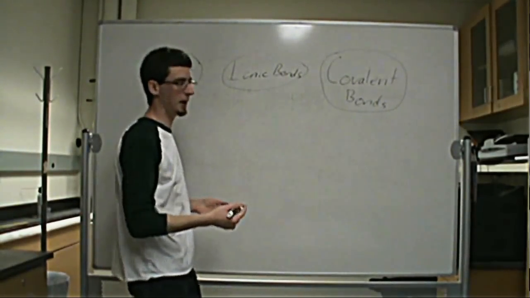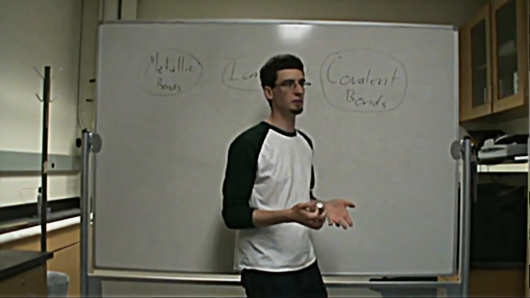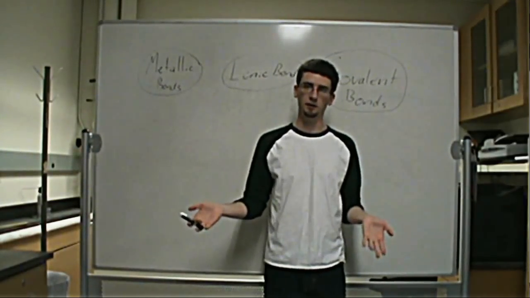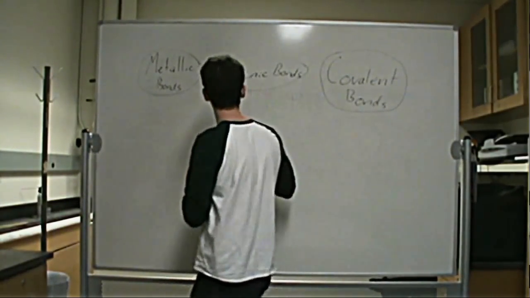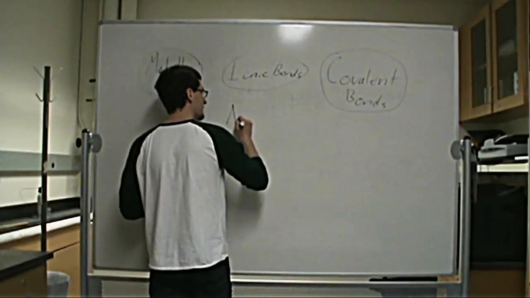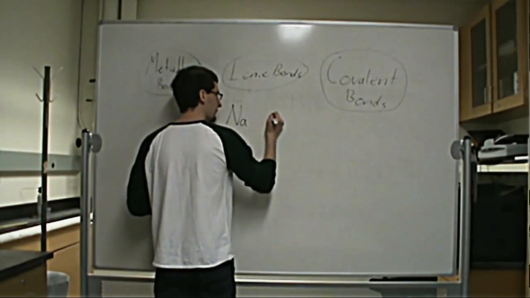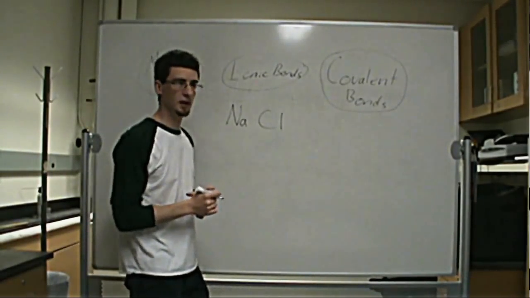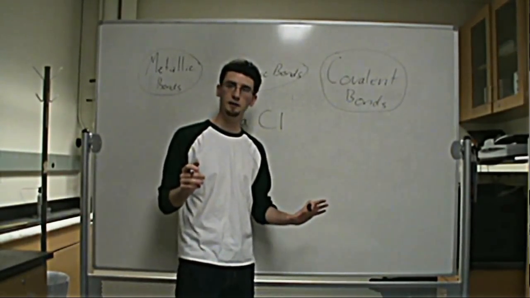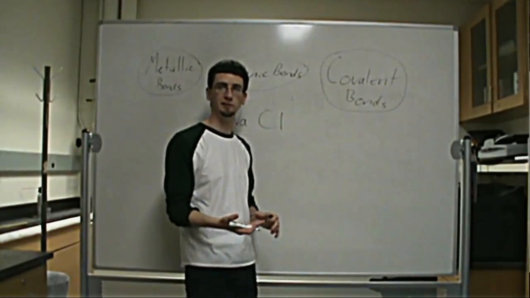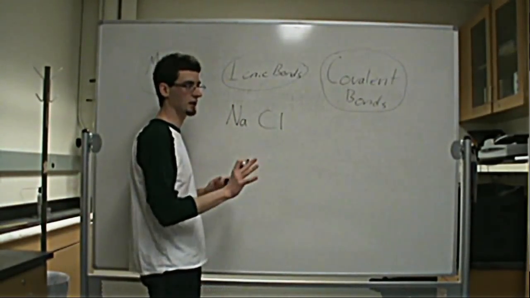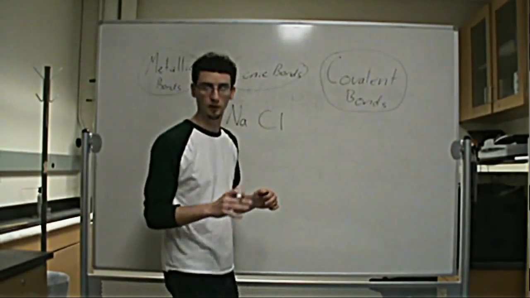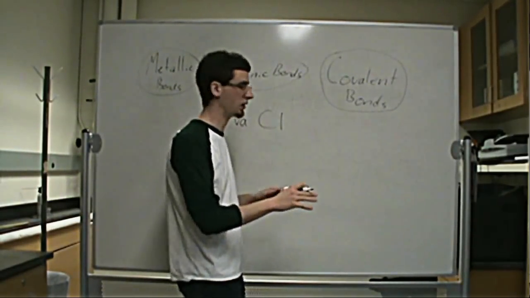Next, let's talk about ionic bonds. Ionic bonds are usually between a metal and a non-metal. An example of this would be sodium chloride. What happens in ionic bonds is there is a positively charged cation, and then there's a negative anion, the atom that becomes negatively charged.